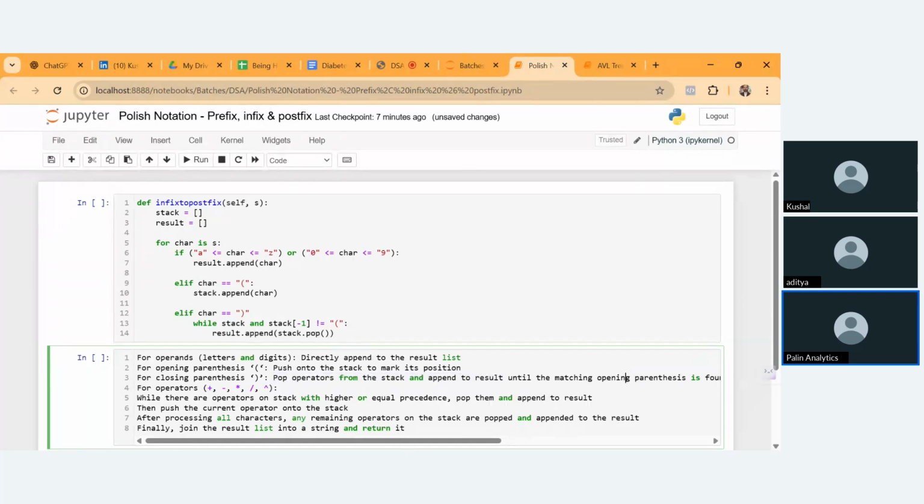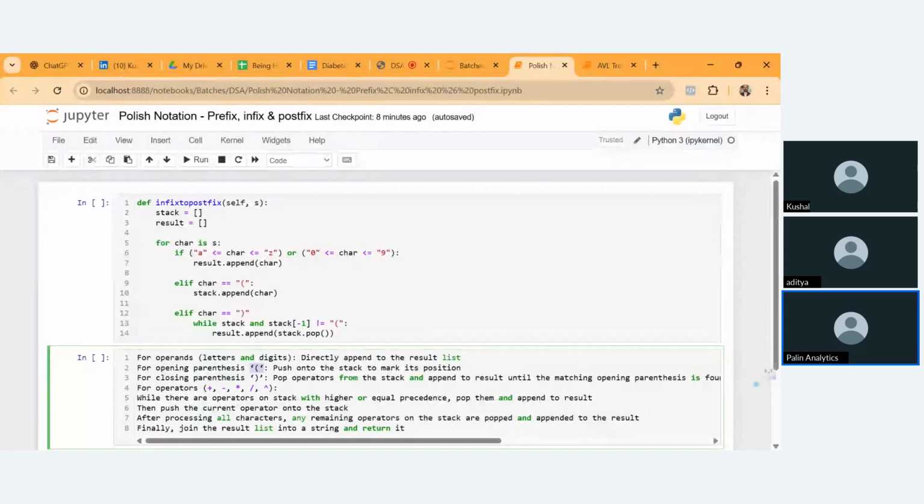Matching opening parenthesis means as soon as you have found this closing parenthesis, you have to do the pop operation on this stack array, and this must be continued till this value is found.